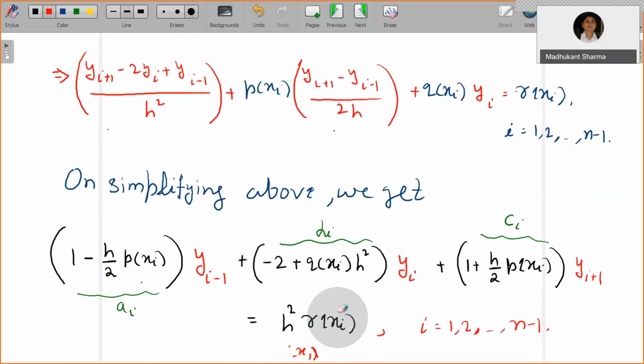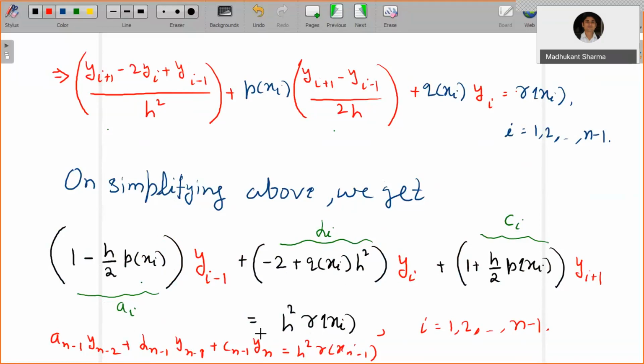if you replace i equals n minus 1, you will get an minus 1 yn minus 2 plus dn minus 1 yn minus 1 plus cn minus 1 yn is equals to h square times r at xn minus 1.